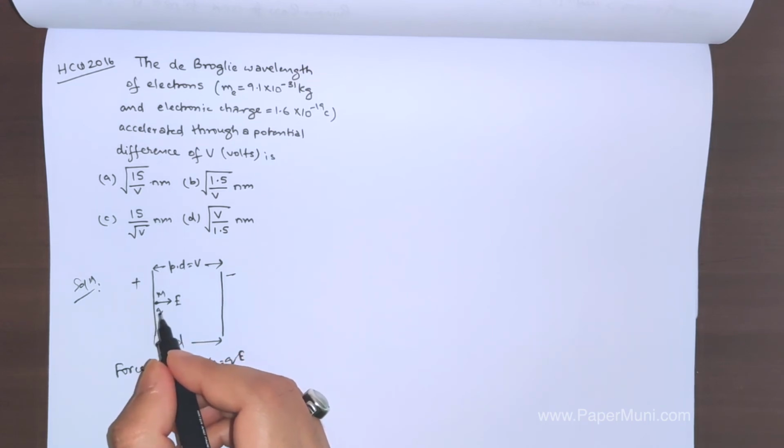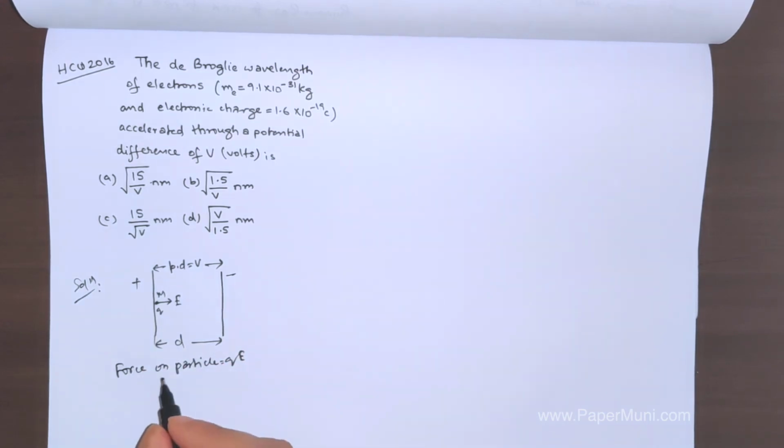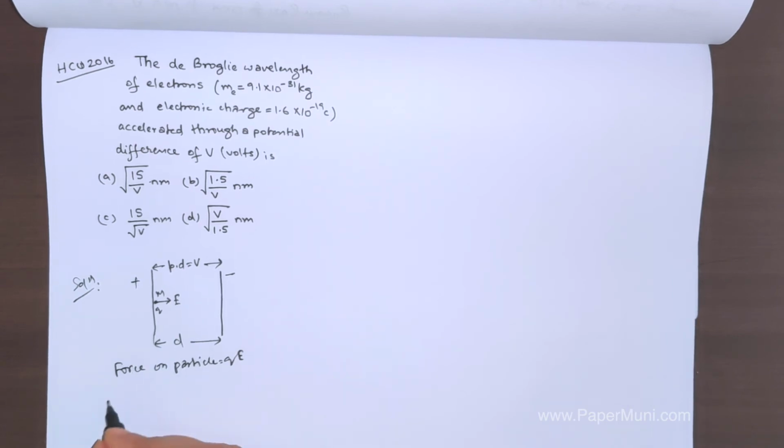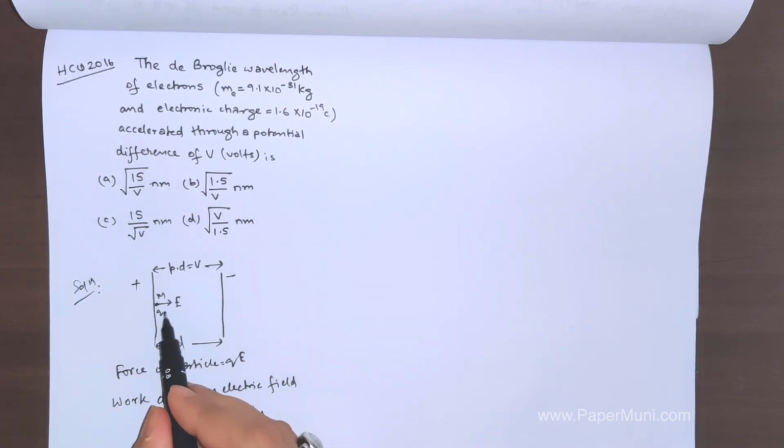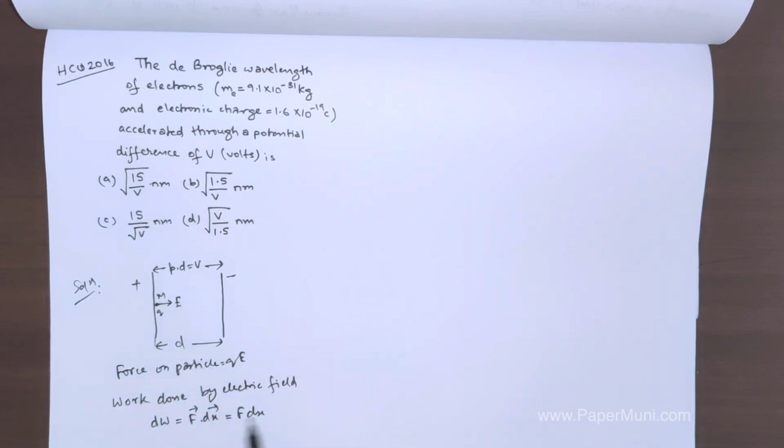So what is the work done by the electric field to move the particle a distance dx? The small work done is F dot dx, equal to F dx, because the displacement is along the same direction as E, so the cos is 0 degrees.